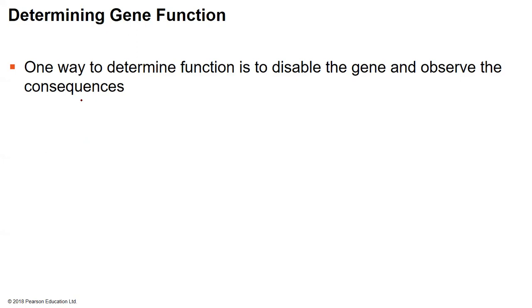So remember that a gene, which sometimes we call a genotype, will encode a protein or proteins, and this protein, maybe along with other proteins, might carry out a function by itself, or with other proteins it will carry out this function.